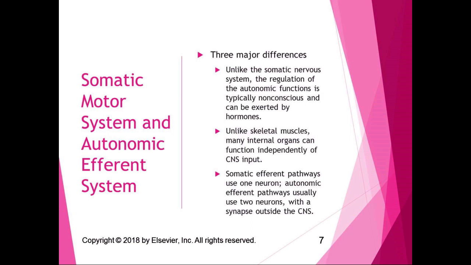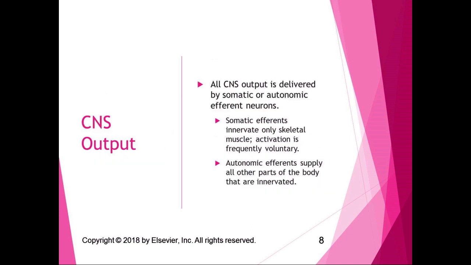In somatic efferent pathways, they use one neuron. Autonomic efferent pathways usually use two neurons with a synapse outside the central nervous system. So both of those are our effector systems. It affects motor control and it affects autonomic control, but there are differences between the two.